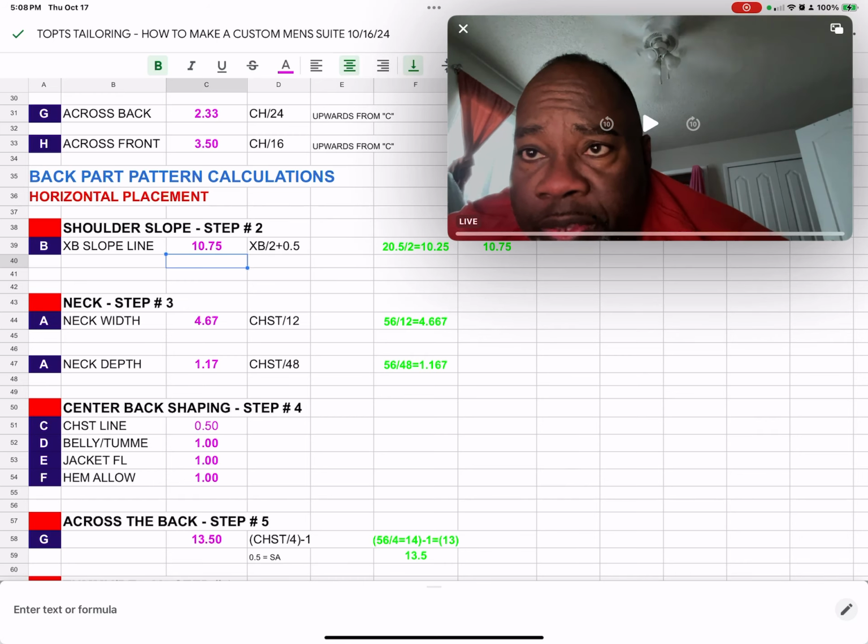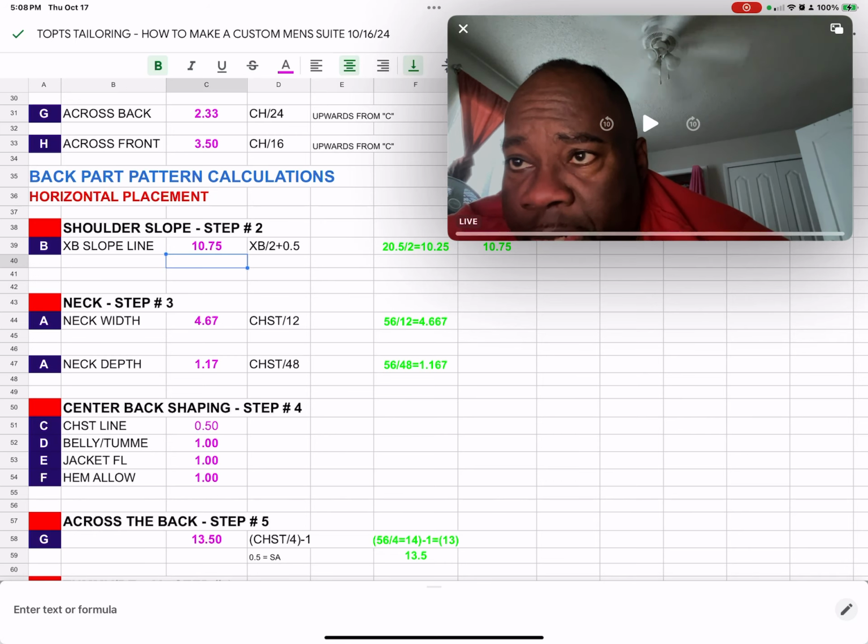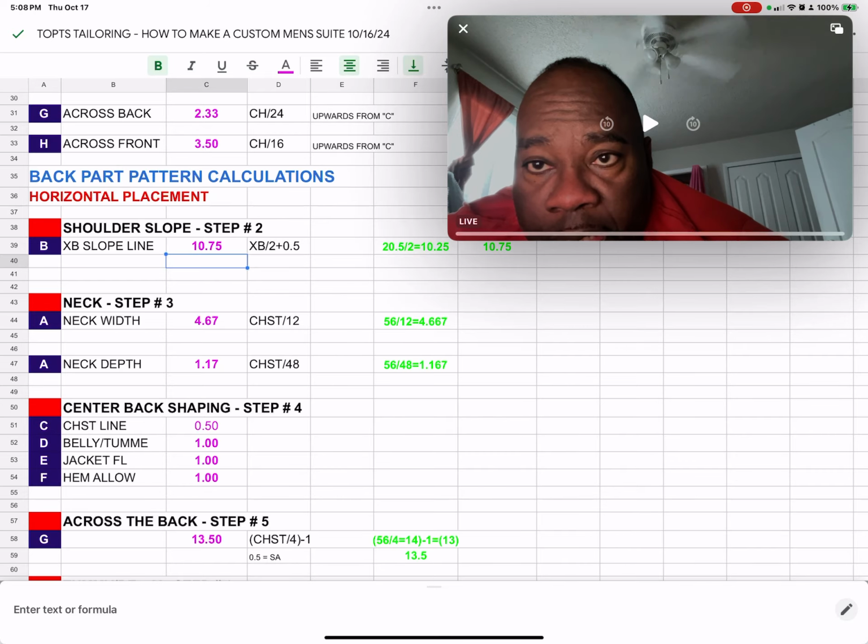The neck width is the chest divided by 12, so 56 divided by 12, which is 4.6. The neck depth is the chest divided by 48, which is 1.67. Then you've got the back shaping.